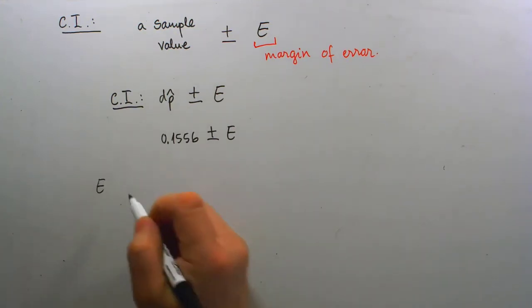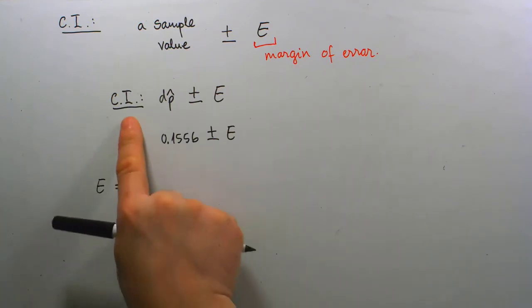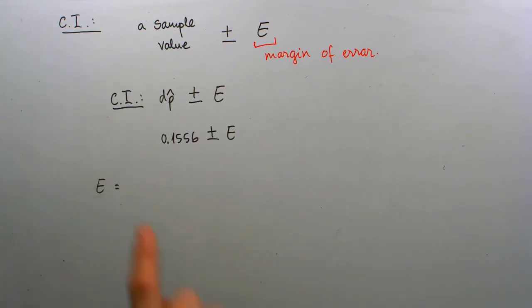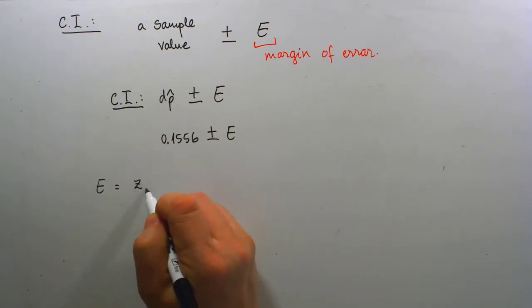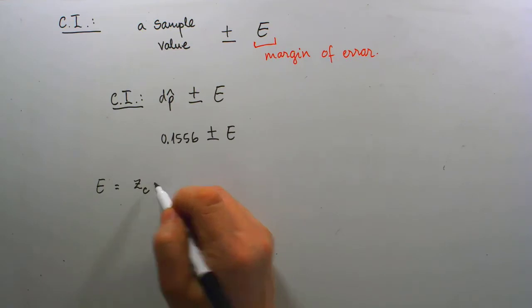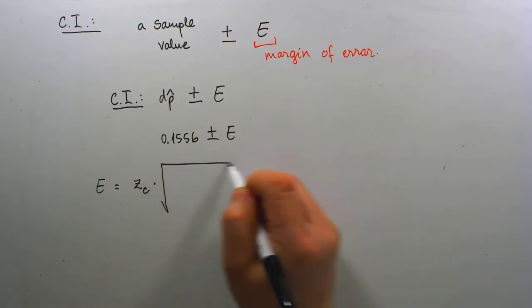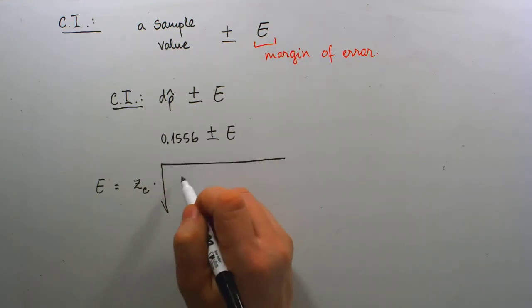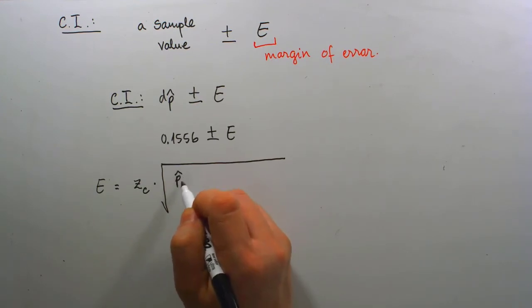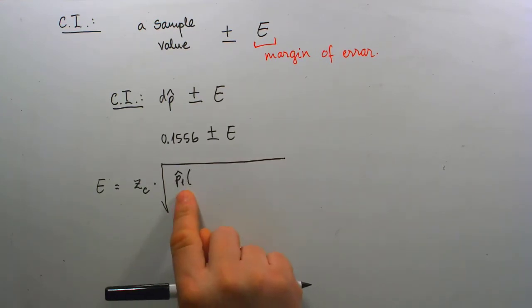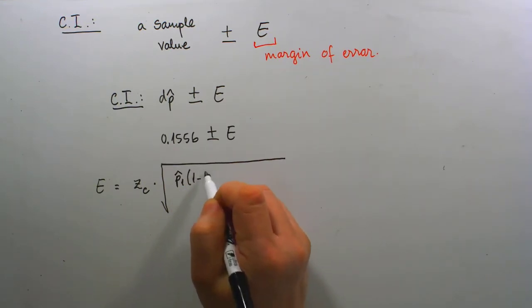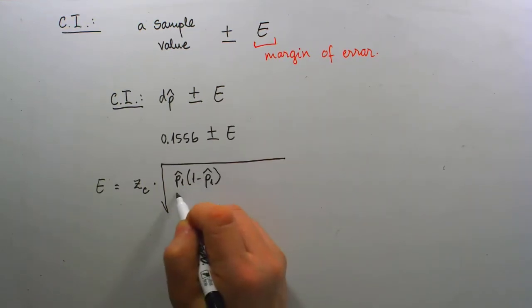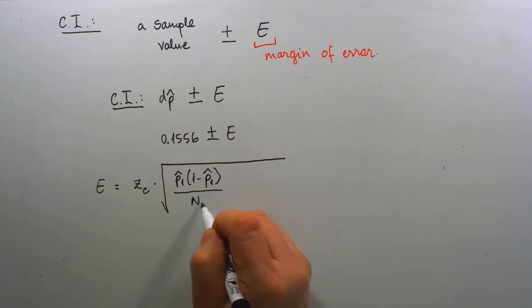The margin of error for our confidence interval to estimate dp is given by the following formula. E equals z sub c multiplied by a square root expression, where inside we have p hat 1 times 1 minus p hat 1, divided by the sample size n1 of population 1.